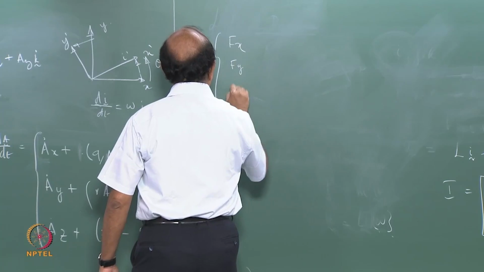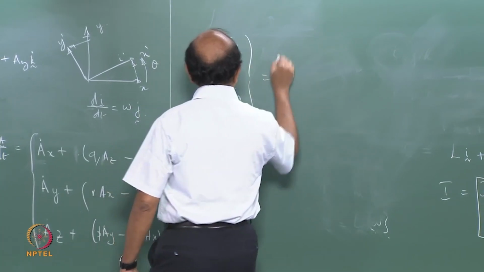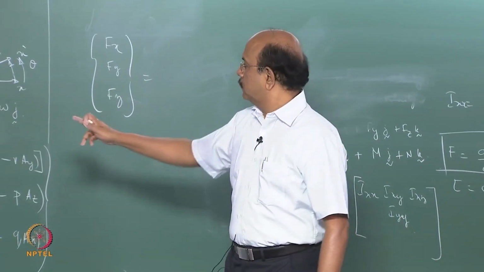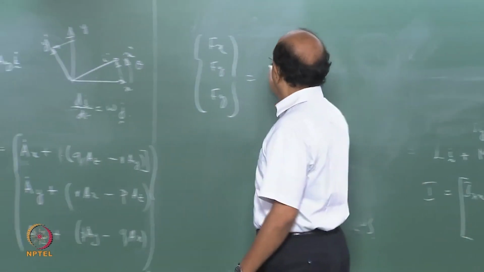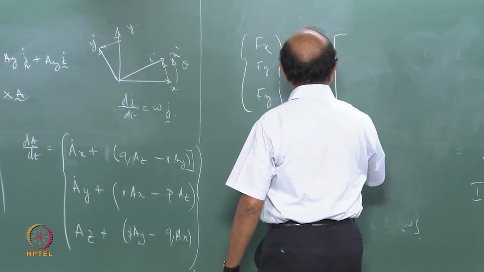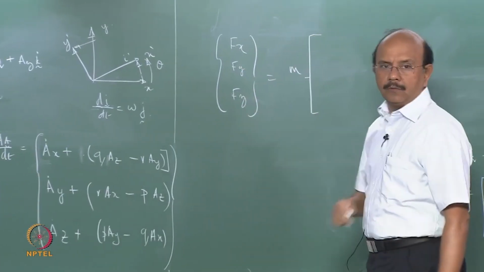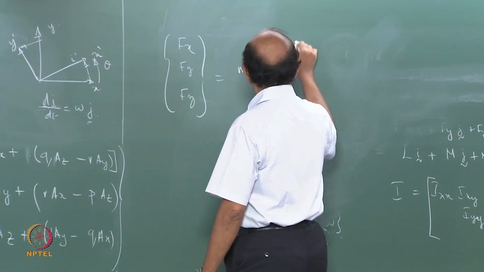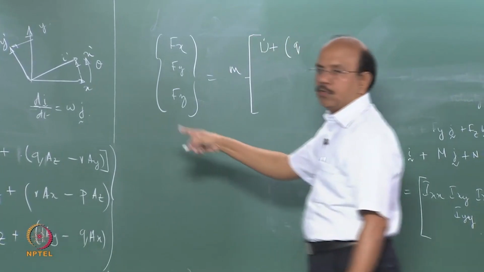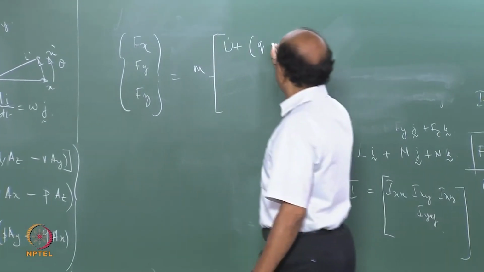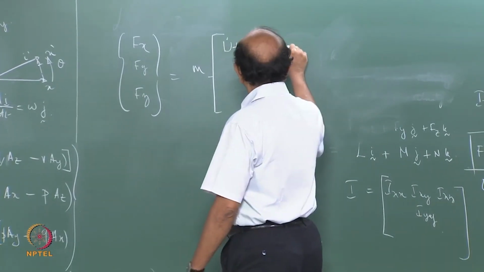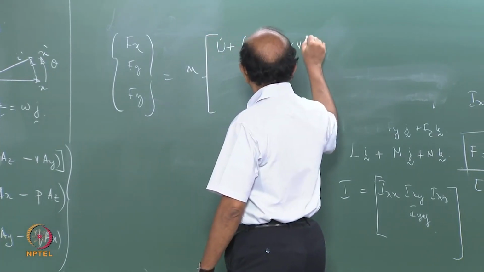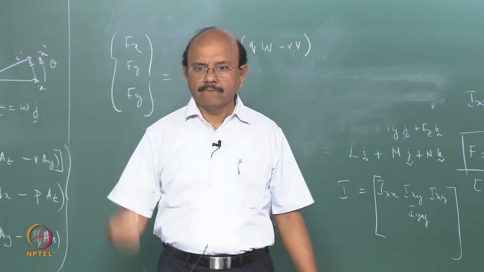Fx, Fy, Fz is equal to, the first term becomes m into U dot plus Q into W minus R into V. Right?